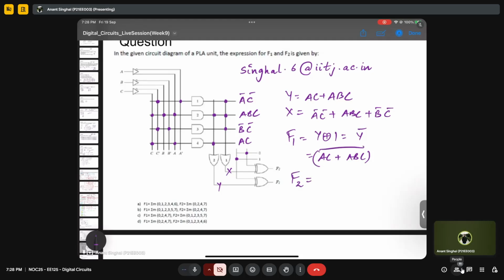F2 is X XOR, oh sorry, did I write correctly? X XOR 0, yeah. So this will be X, and that is actually A bar C bar plus ABC plus B bar C bar.